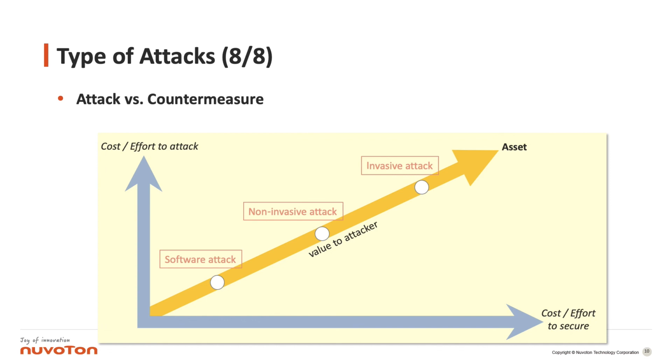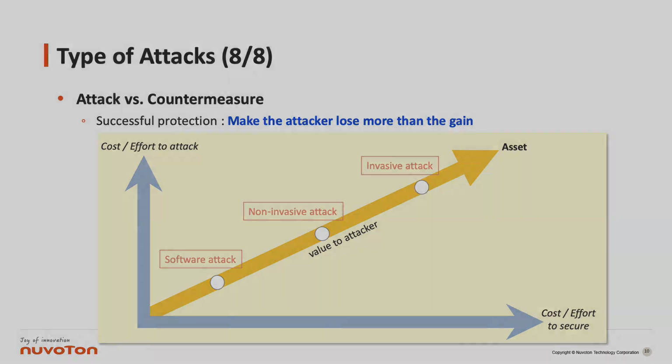Therefore, what a successful MCU security function wants to achieve is relative protection. Like this, the value of the assets protected by the security function will be lower than the sum of the time, manpower, and resources spent by the attacker when the attack is successful.